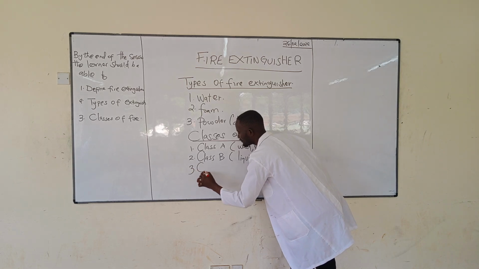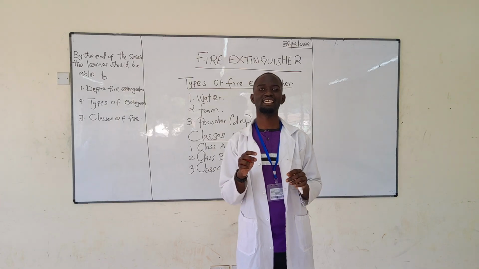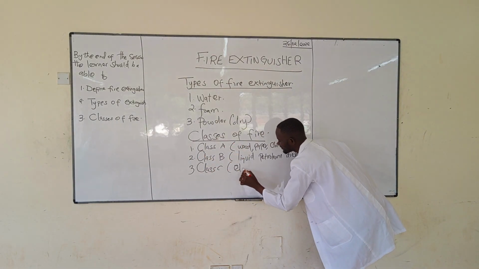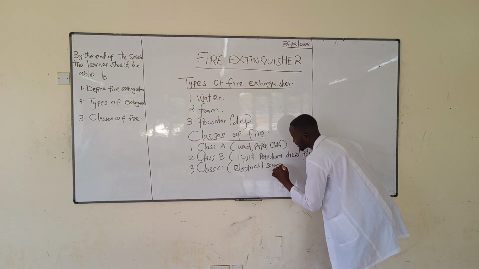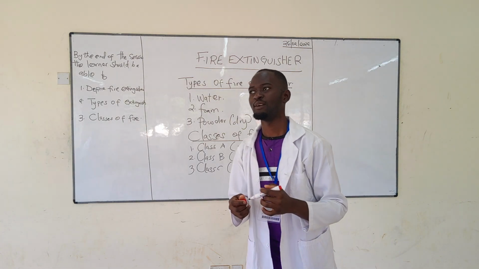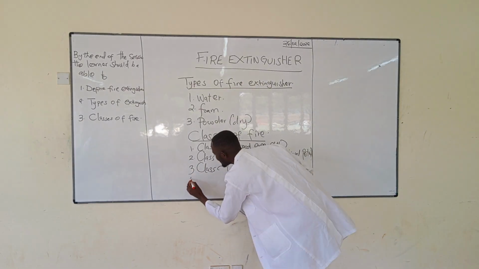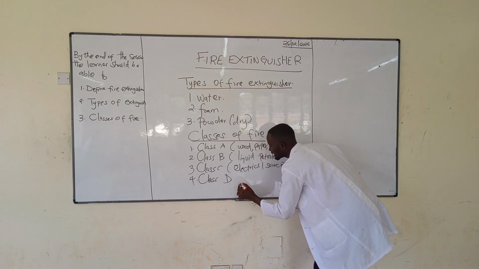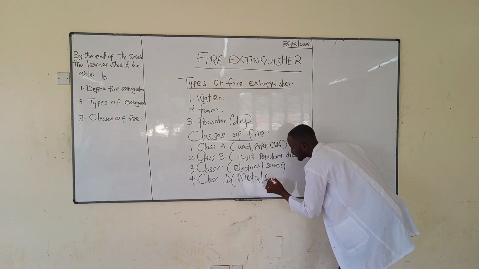Then the third one, class C, is caused by electrical sources. We may have faulty switches and naked wires, which may cause a fire. So we have the last one, class D. Class D is caused by metals.